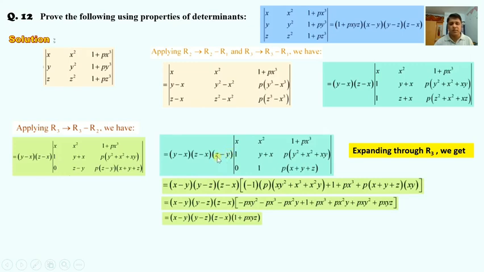So taking 1 minus from here common and 1 from here, that becomes plus, and then this has become x minus y, and this has become y minus z. That's why this has been changed, because this was asked in the question x minus y, y minus z, not z minus y. That's why we changed it. So now this is 1 plus p x y z. So hence proved.